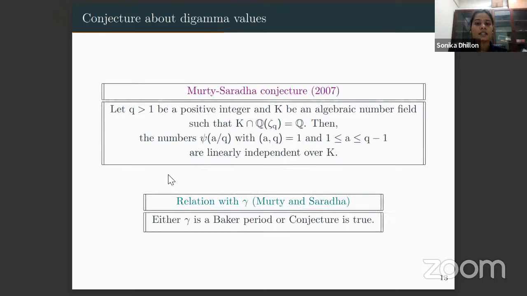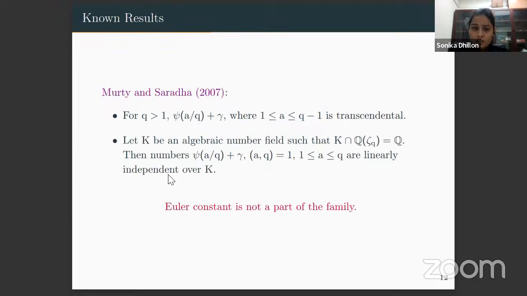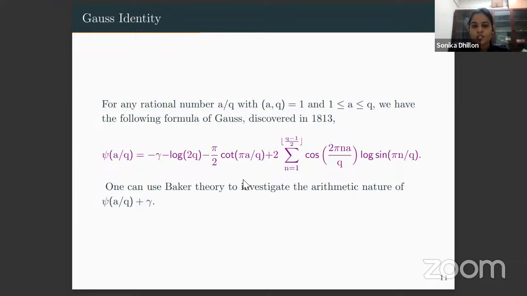Then in that case, they made a conjecture in 2007, which we call the Murty-Saradha conjecture, and they conjectured that if you take psi of a by q, all the co-prime values, and take K to be any algebraic number field, again which has a trivial intersection with the cyclotomic field. Another thing is why they are taking this trivial intersection with the cyclotomic field; one can see that by using the Gauss identity.